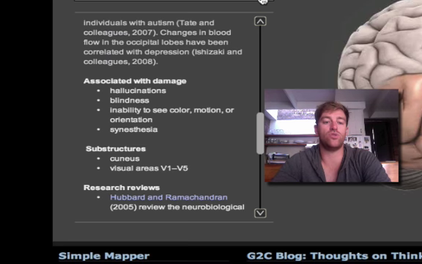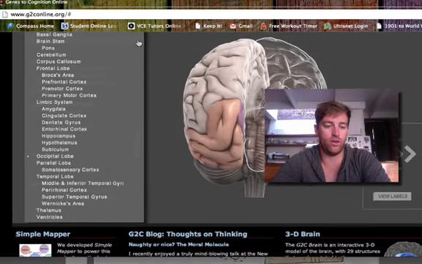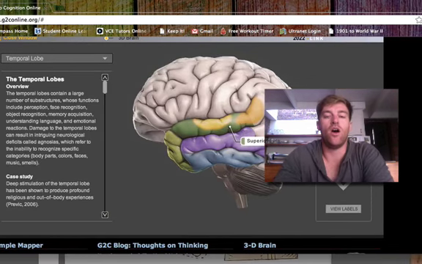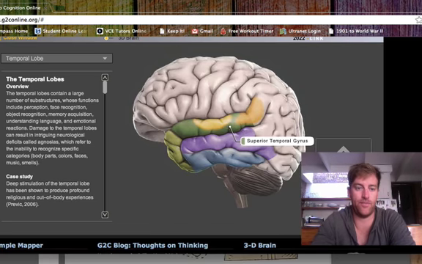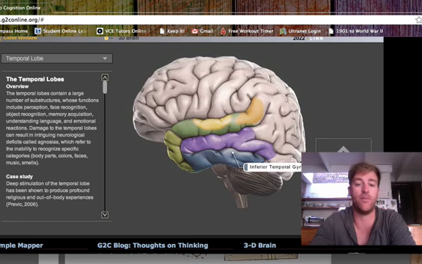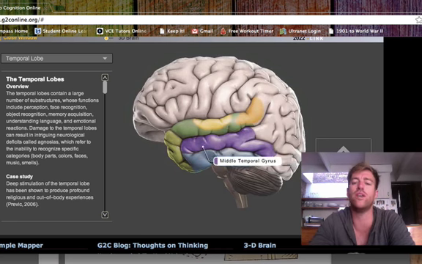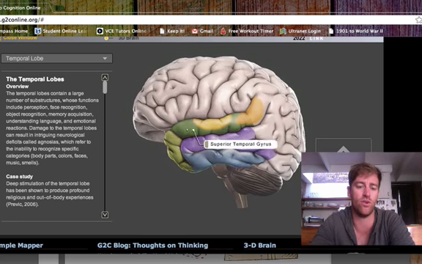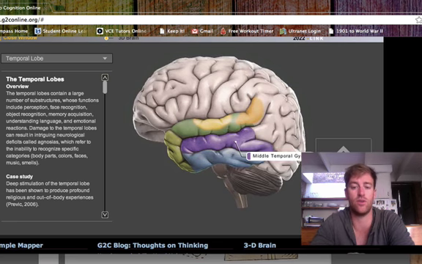Now we come to the temporal lobe. Okay, here we are. The temporal lobe. This lobe is full of cool stuff. Well, does cool things anyway. As I said before, this is kind of a university website, so you don't need to know all these cool bits in here, which have their own little cool things.